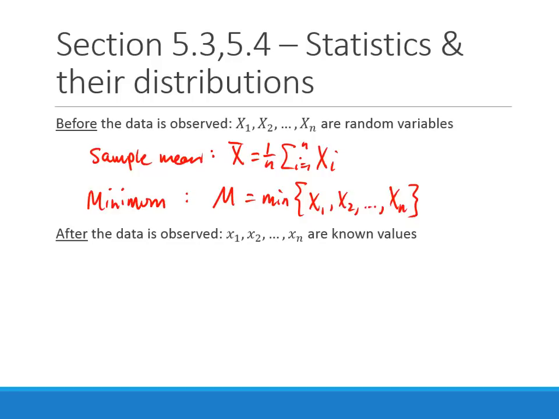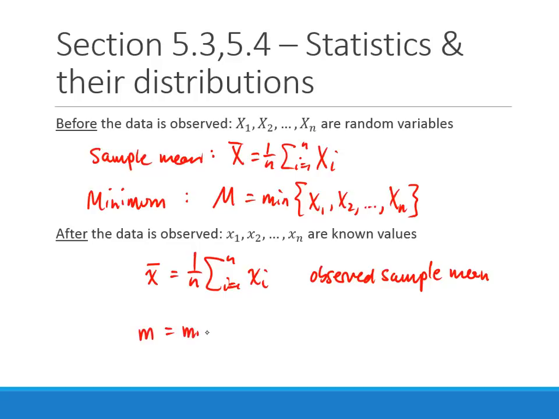So anyway, after I observe the data, then I can actually plug in numbers and figure out what this is. So my sample mean will now use a lowercase x, which is the sum of all the observed x values. This is my observed sample mean. And maybe a lowercase m is the minimum of all the observed values.